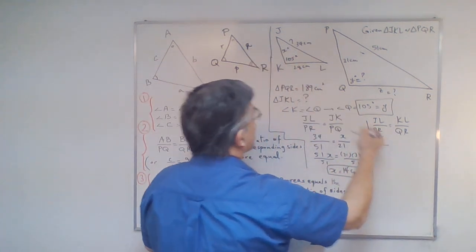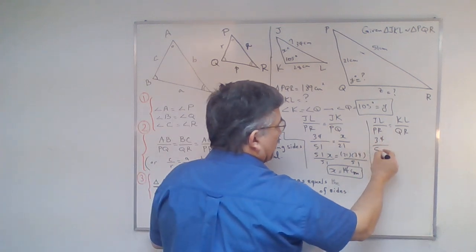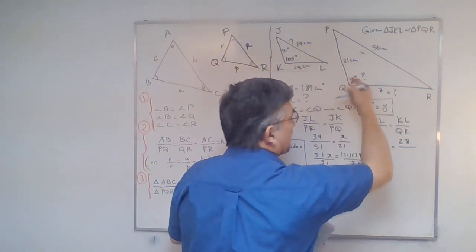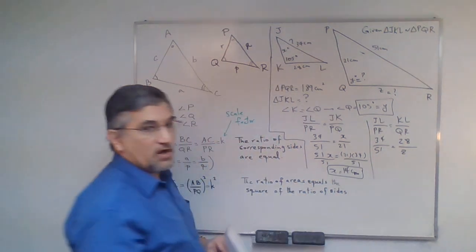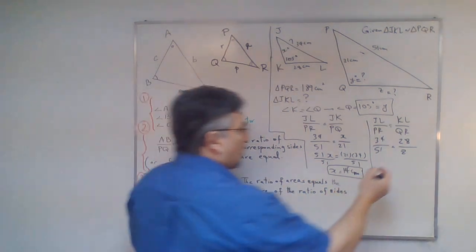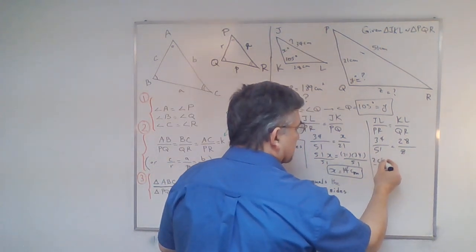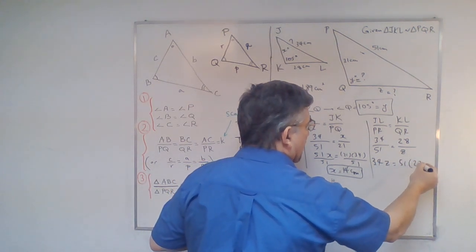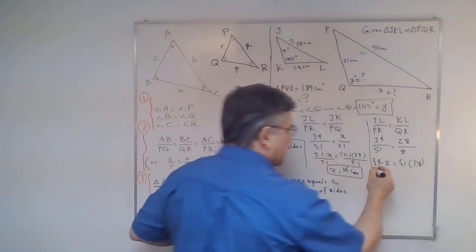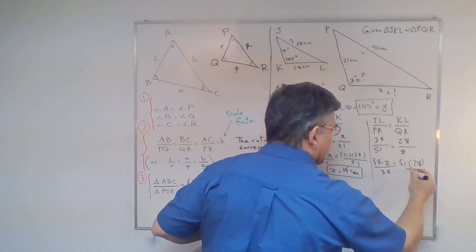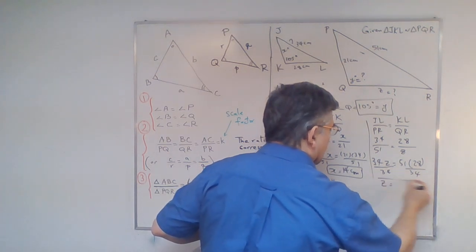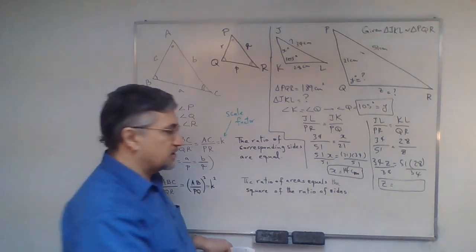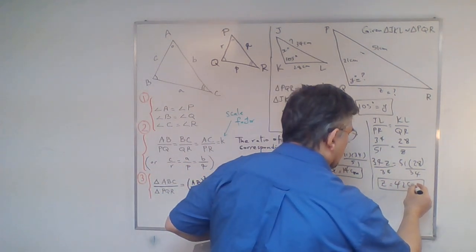PR is 51 like before. KL is given to be 28. QR is actually Z, the unknown we're trying to find. Okay, we do a cross multiplication. 34Z equals 51 times 28. We divide both sides by 34, and from there, we easily calculate the value of Z. Use a calculator, you get 42 centimeters.